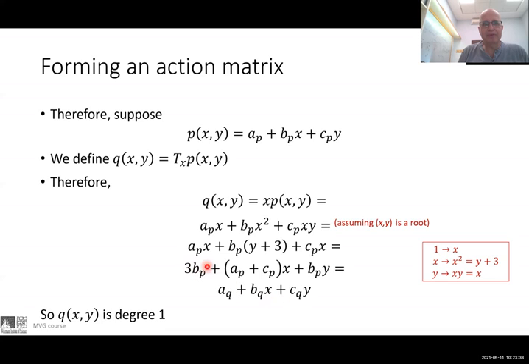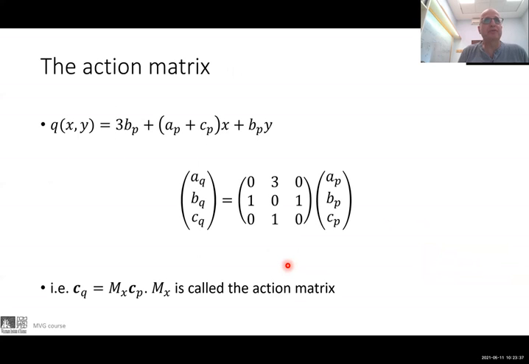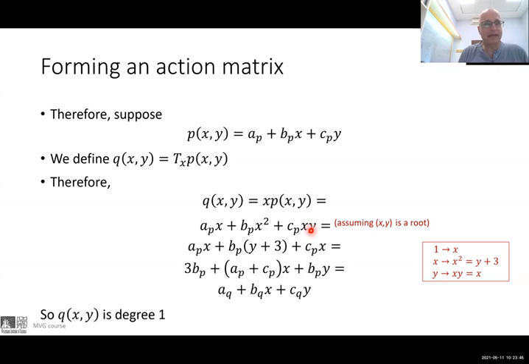And now we want to write this transformation in a matrix form. This is how it looks. Just look back. Q is such that AQ is 3 BP, BQ is AP plus CP, CQ is BP.